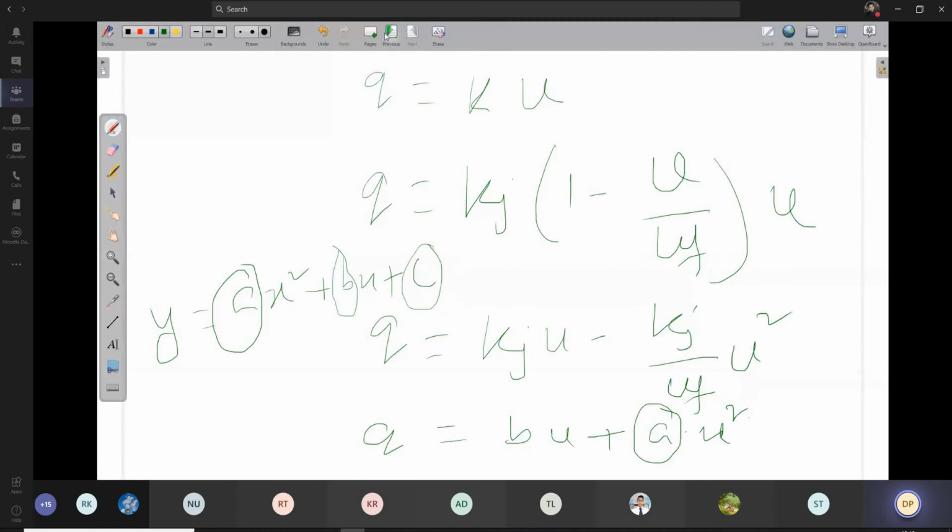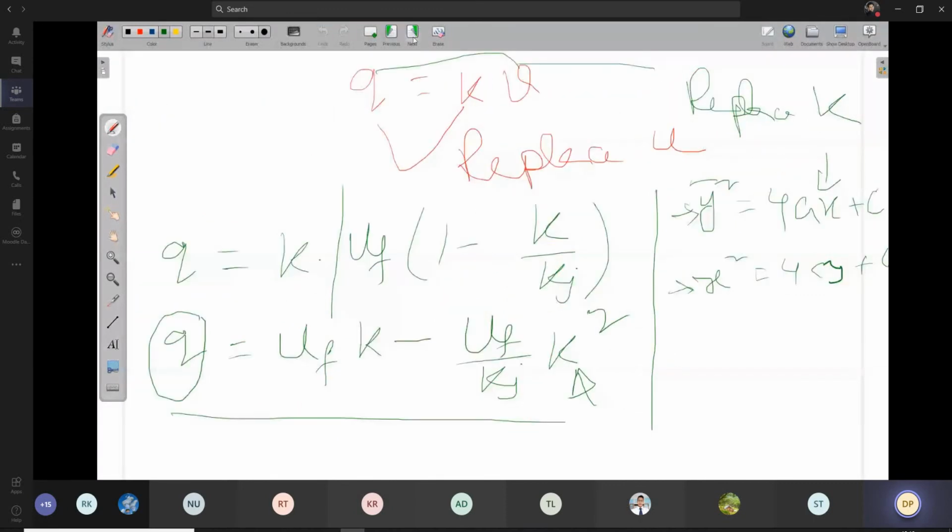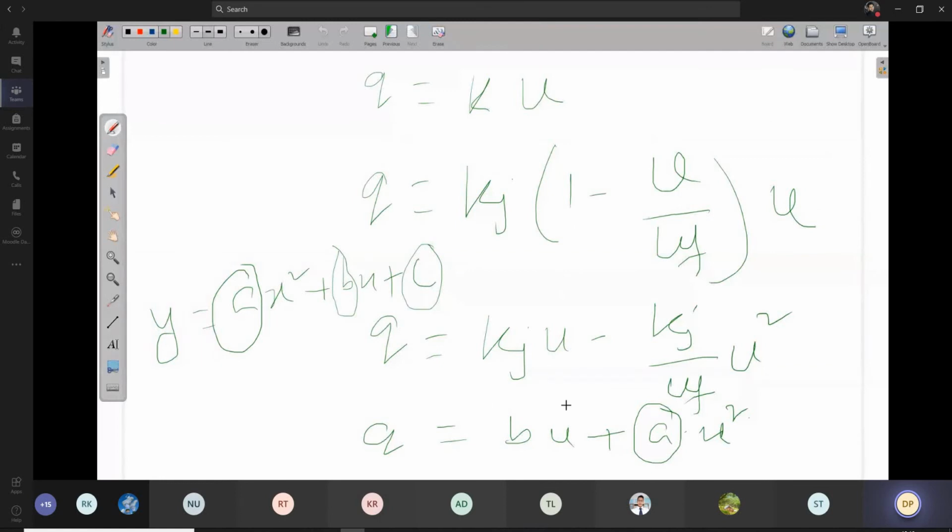So this is the equation or relationship between the individual parameters. First relationship is between Q and K. Then we got the relationship between U and K, that is speed and density. Then we got the relationship between speed and flow.